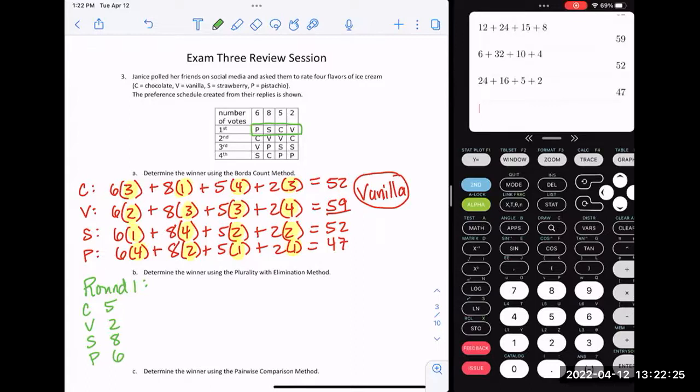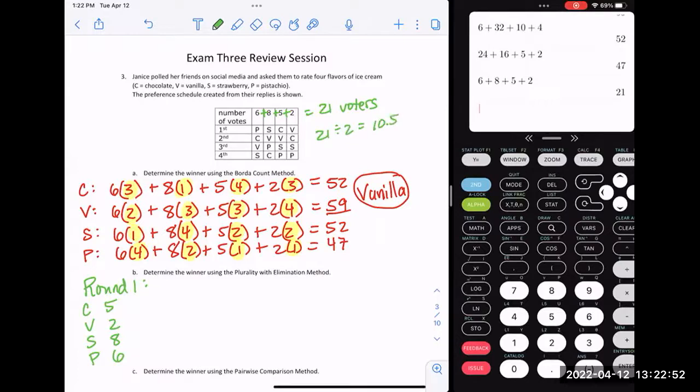We would just say whoever won the majority wins this election. So how do I know if they have a majority? I'm going to do the same thing we did on that first problem. So if I add up all my voters here, I've got 6 plus 8 plus 5 plus 2. So I can see that there's a total of 21 voters, 21 friends voting on their favorite ice cream flavor. And so half of that, if I do 21 divided by 2, that's going to give me 10.5, right?